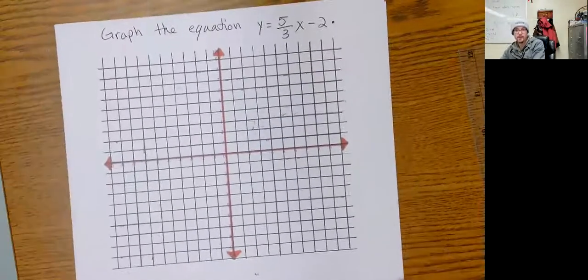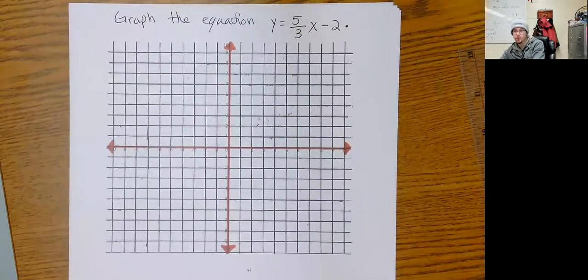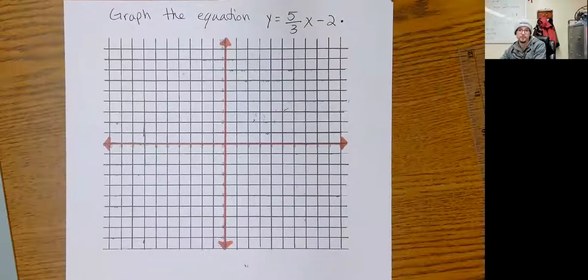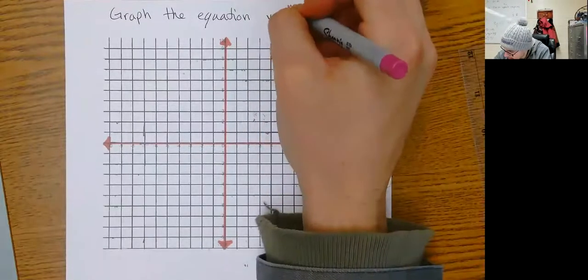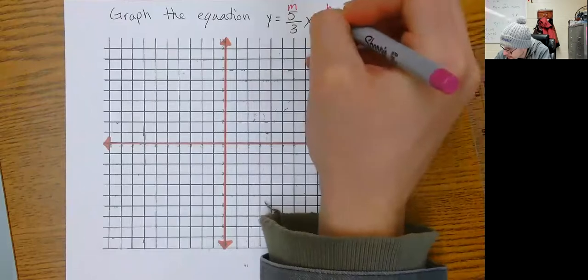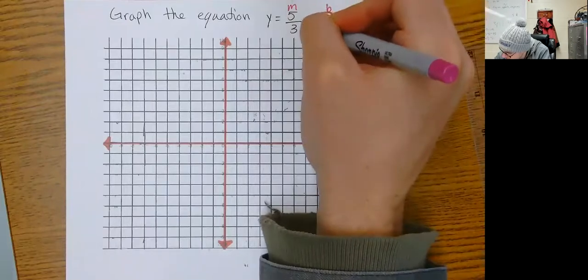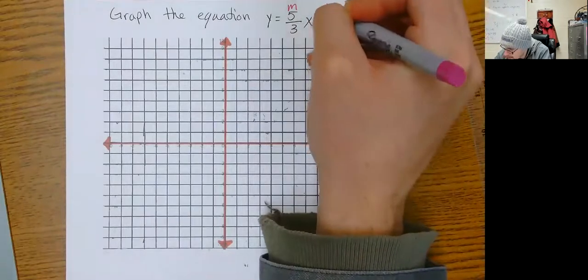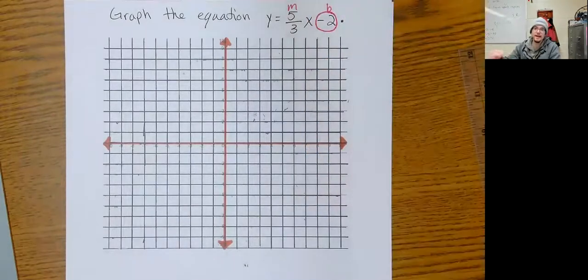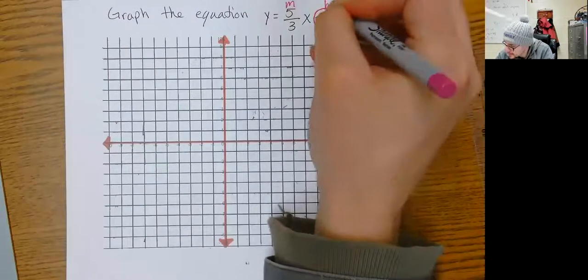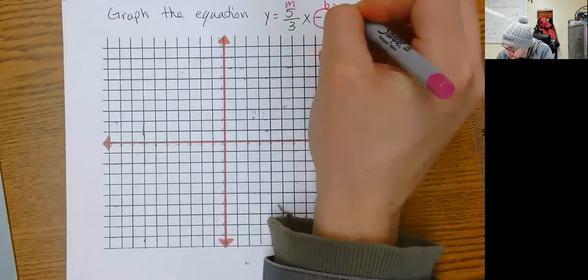Next example. The next example is, hey, here's the equation, graph it. So again, this is M, this is B. Now B includes the plus or minus there. So B is -2. So that's what I start with. I'm always going to start with B, which is the y-intercept.